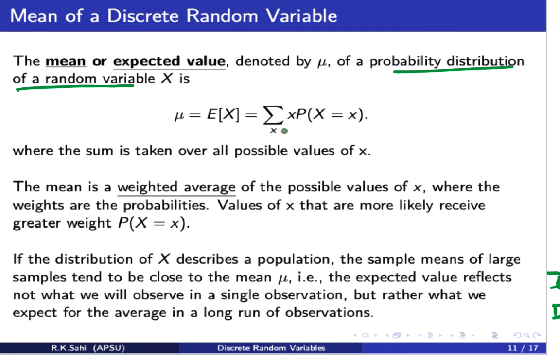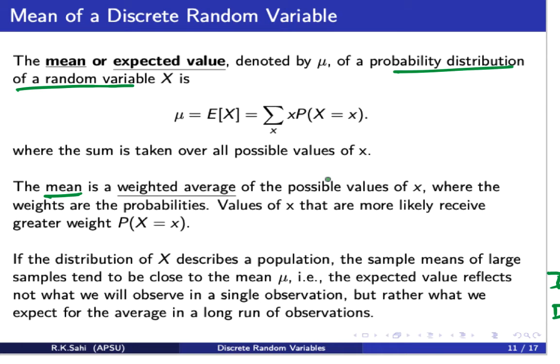It is given as the summation of little x, the values this random variable can take, times the probability of each of these values, and we sum them up. Remember, this Greek symbol is the summation symbol. And so this mean is a weighted average of the possible values of little x, and these weights are nothing but probabilities. That's the weighted average.